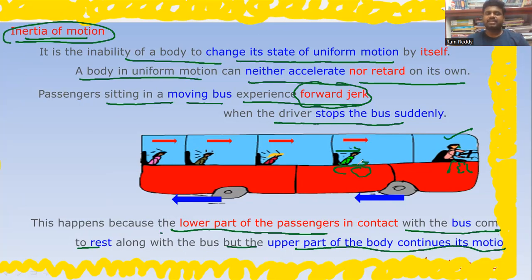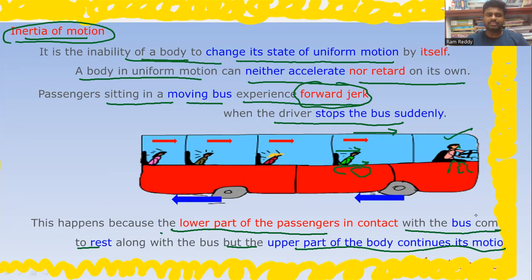That is the inertia of motion, the inability of the body to change its state of uniform motion. Even if the bus is moving with uniform motion and the brakes are suddenly applied, the body won't change. Okay, that is our inertia of motion.